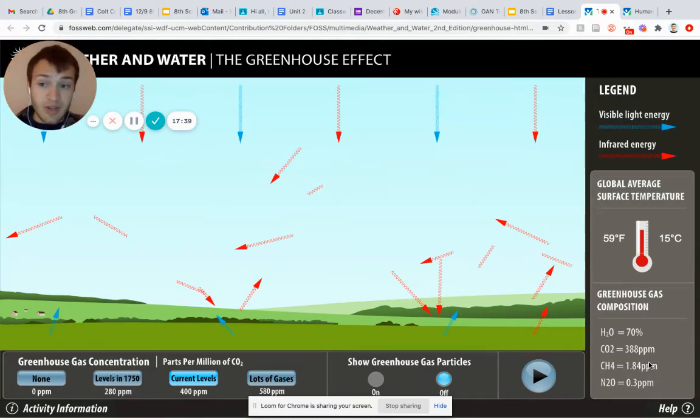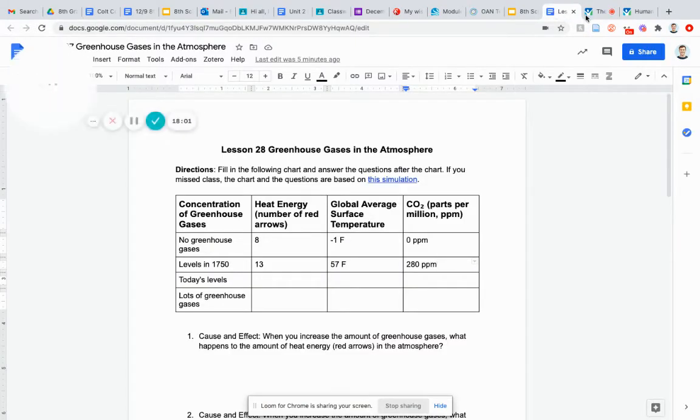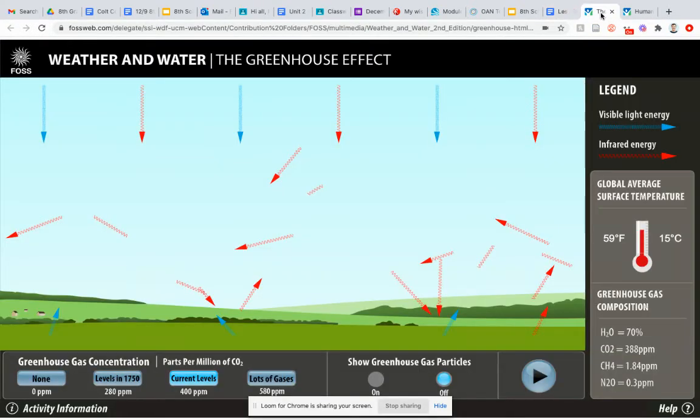But there are other greenhouse gases, and some of them are actually even worse than carbon dioxide. But they're in such small amounts that we don't worry about them as much as we worry about carbon dioxide. So you could record either 400 parts per million or 388 parts per million. 400 would be total greenhouse gases, whereas the 388 would be the total carbon dioxide.